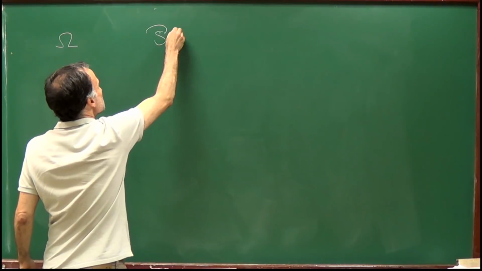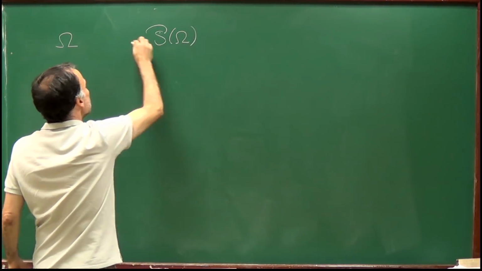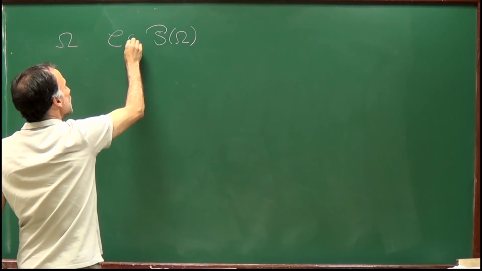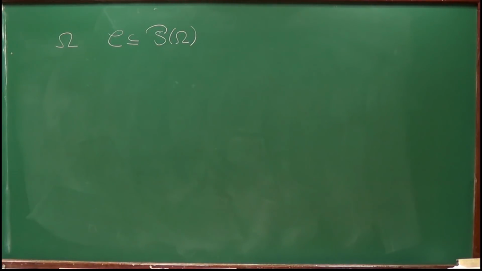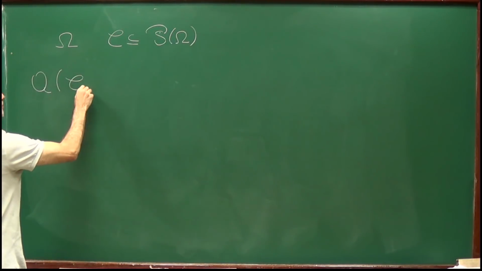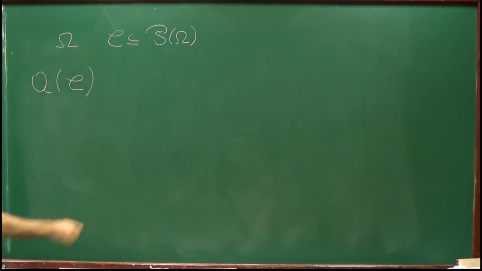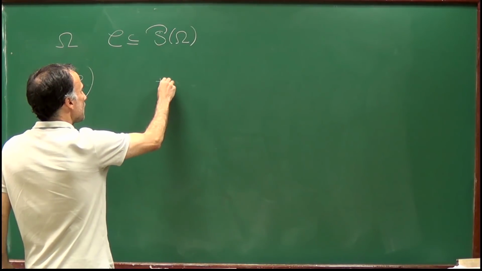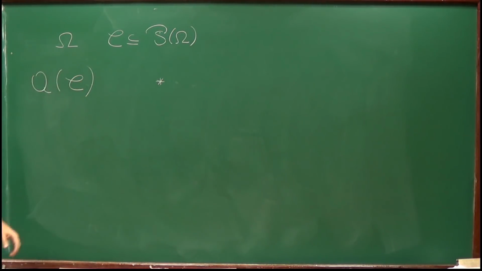Let's consider the subsets of omega, and let's consider a class C of subsets of omega. I want to introduce the notion of the algebra generated by this class C. This algebra fulfills two properties.